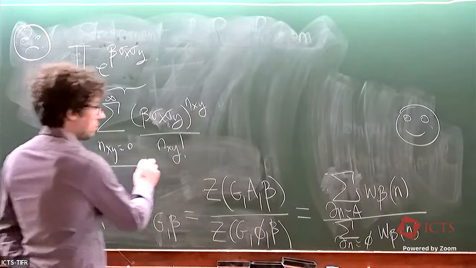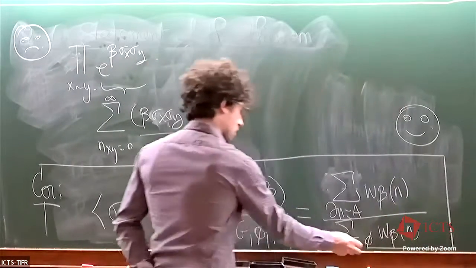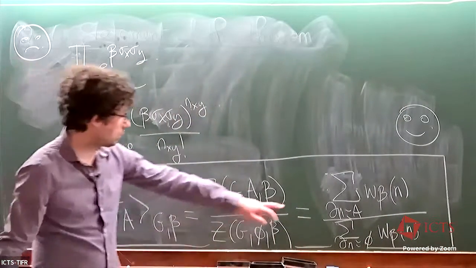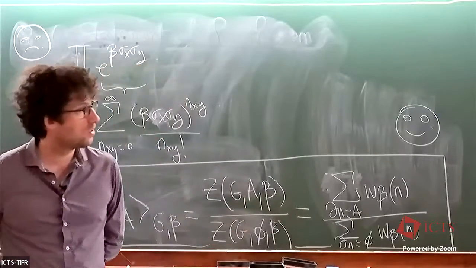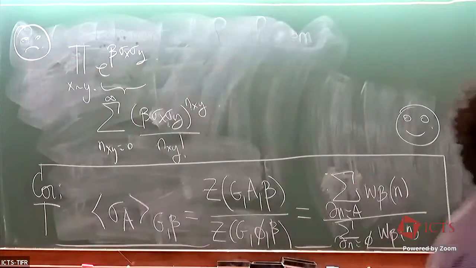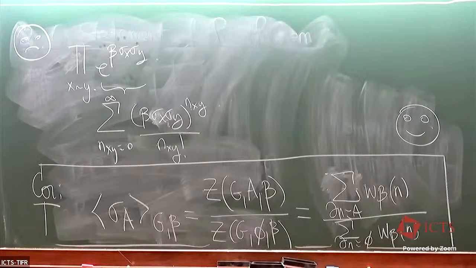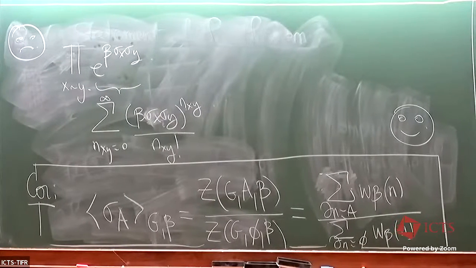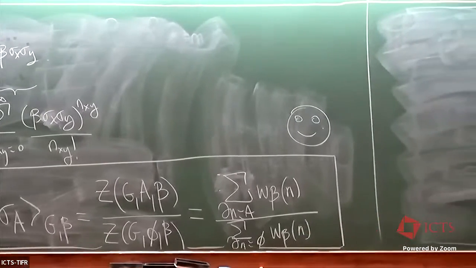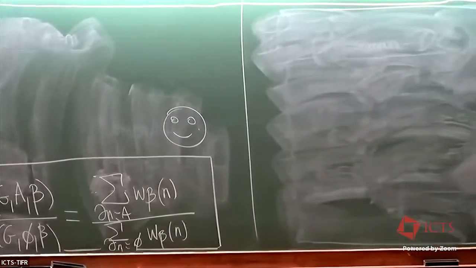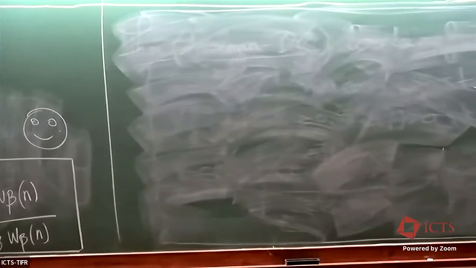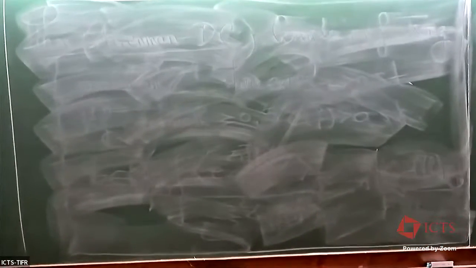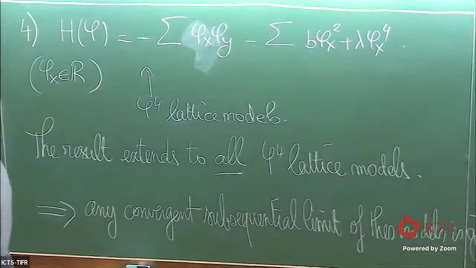This is just taking the ratio, like applying the proposition twice, for the numerator and the denominator. Okay? It's very similar to what you get for high temperature expansion. You get exactly the same. Once you have the expression for the weighted sum, you just take the ratio and you get the spin-spin correlations. And that's why it appeared very early on. When people were trying to get correlation inequalities for spin-spin correlation, they naturally introduced these random currents.